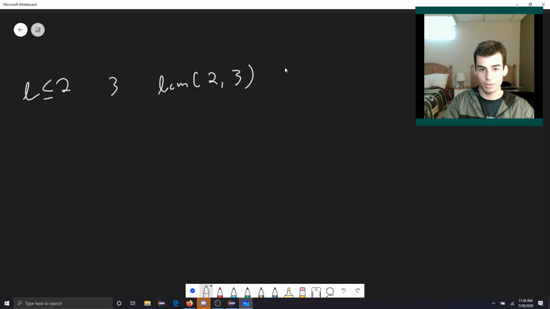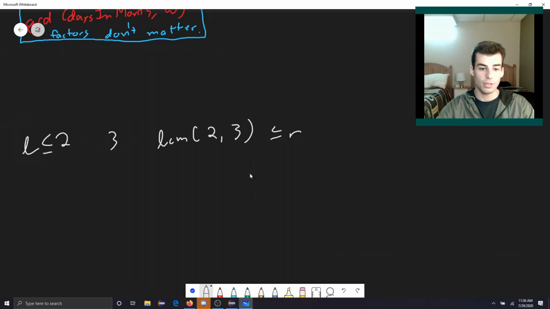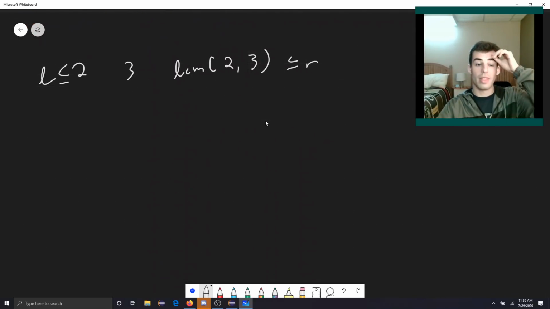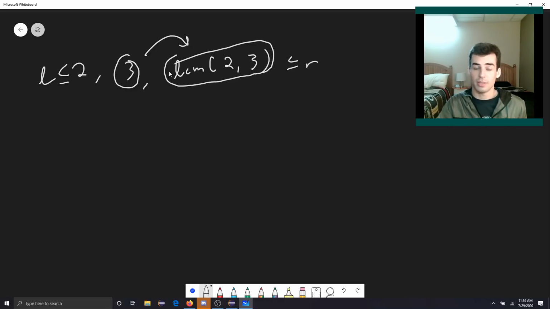So this is your L, and this is your R. Then there's no reason for this 3 to not be the LCM. It's perfectly okay to just pick what the LCM is, and then say, I need to pick this number and a factor of this number.